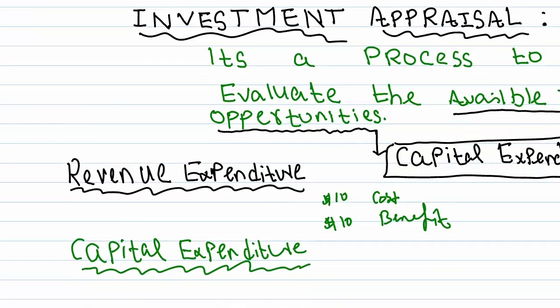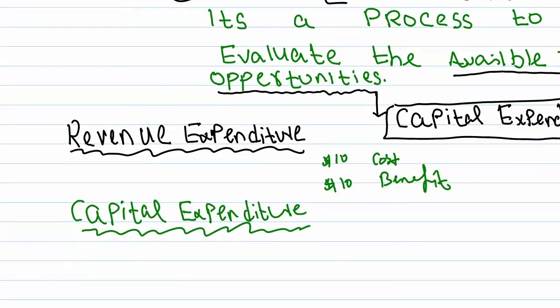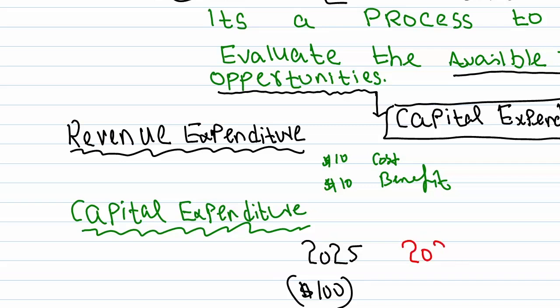But in case of capital expenditure, for example, if I want to start a new factory, I have to incur, now in 2025, maybe 100 million US dollars. I have to incur the cost. But the benefit which I am going to get from this factory will be from 2026 to 2040, over 14 or 15 years.